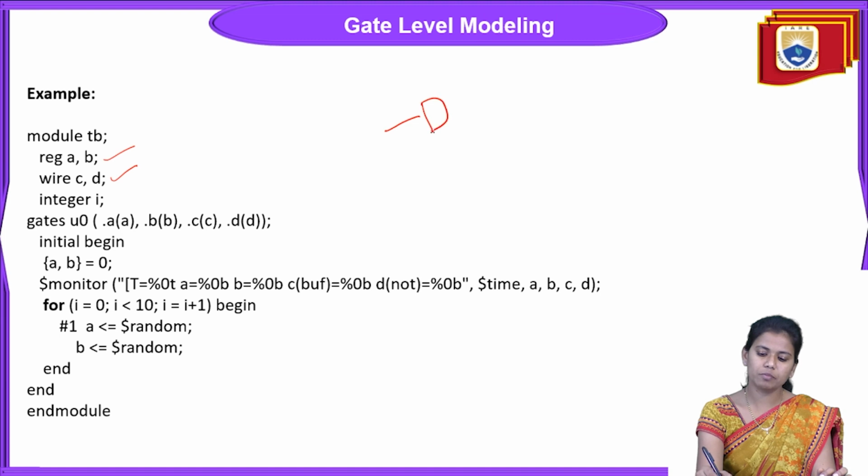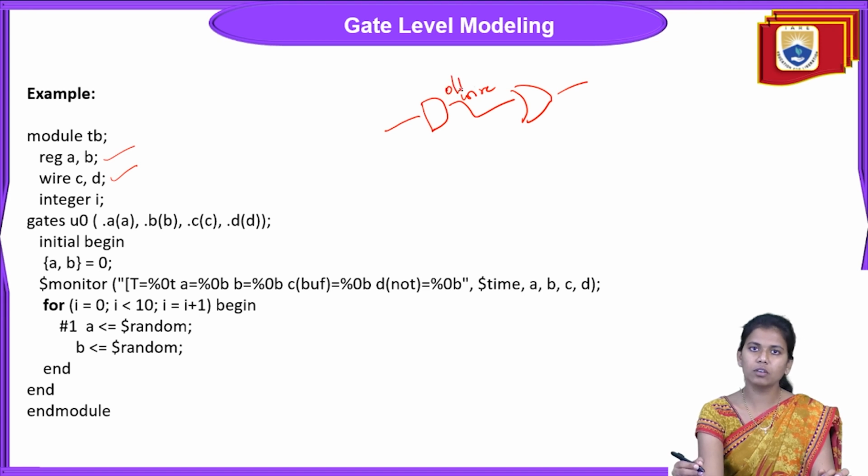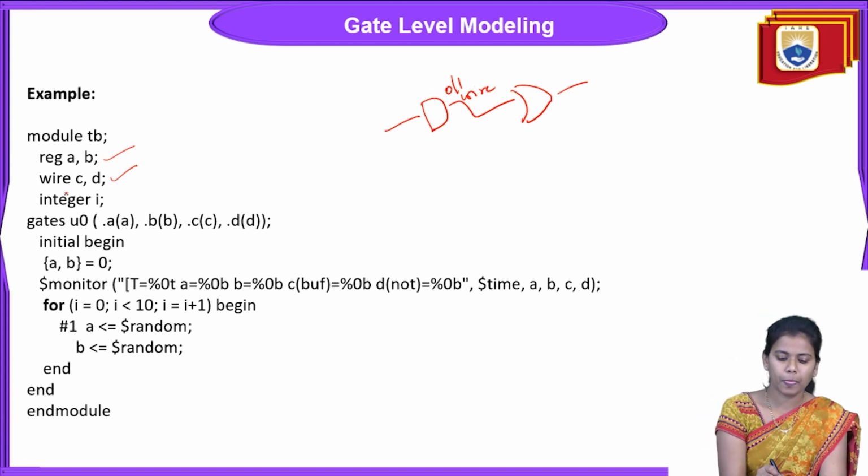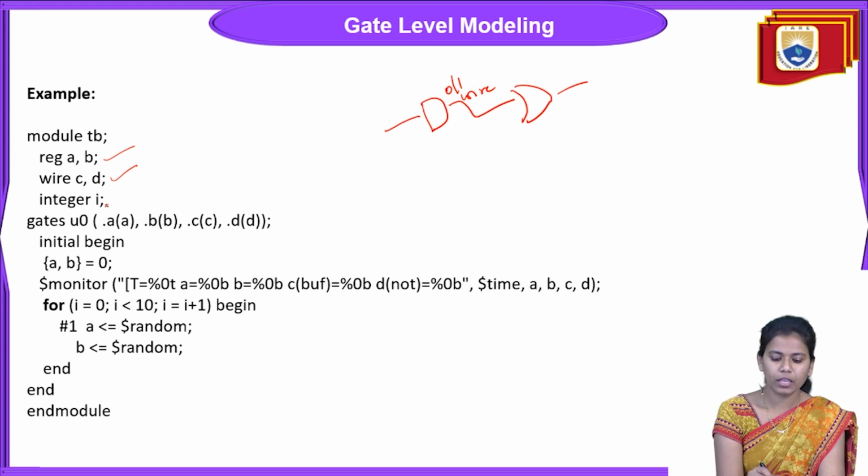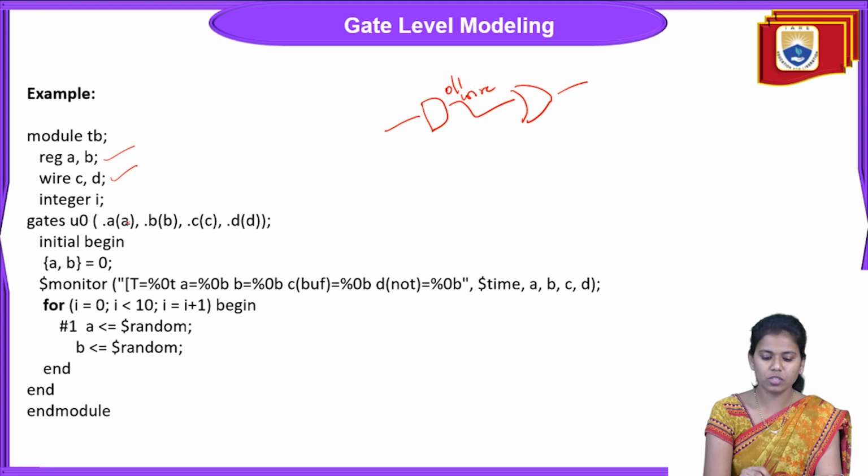If this is my input, my output is given to the OR gate. So this is a wire which consists of either 0 or 1. It is one of the keywords which is used in the continuous assignment statement. And wire C and D, integer I, okay, and the gates that you are using. I am using here A, B, C, D as the outputs. U of 0 is a gate, a buffer gate, or else it will be a NOT gate.